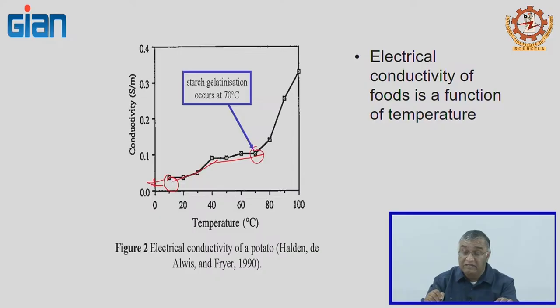And at around 70 Celsius, you are going to gelatinize the starch, say in a potato. Then you can see that it breaks down. So then it's going to significantly increase your electrical value, say from 0.1 to 0.3 or 0.4. That means the heating rate may be slow here. Once the electrical conductivity starts increasing significantly, the heating rate also increases much faster.